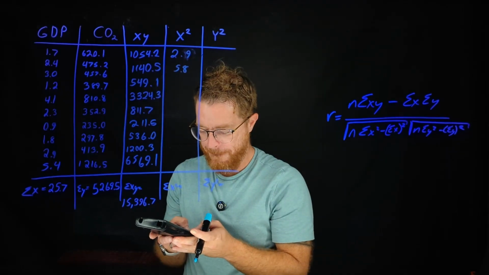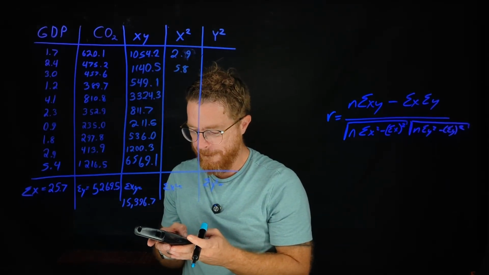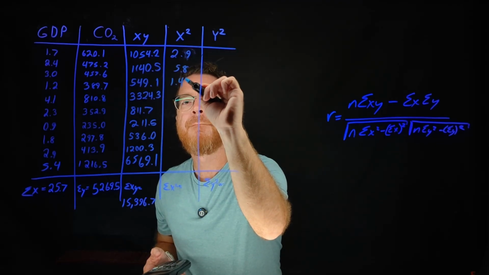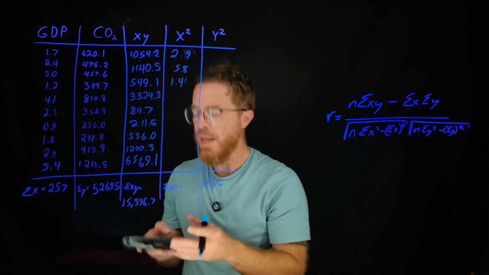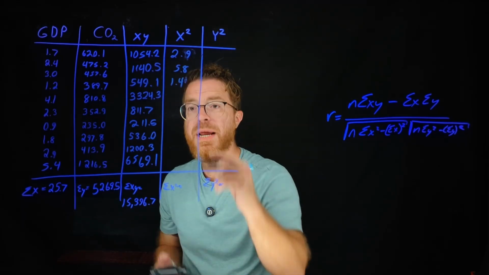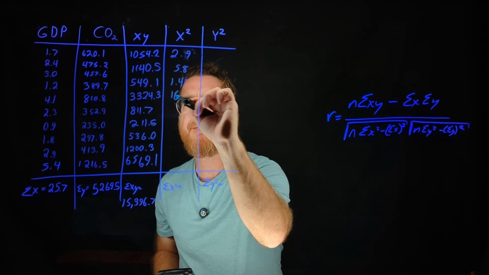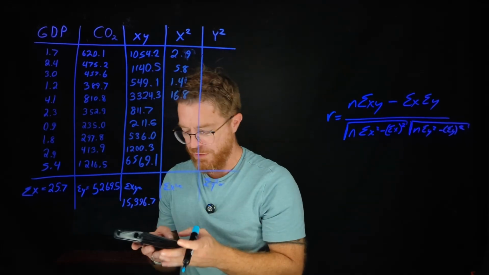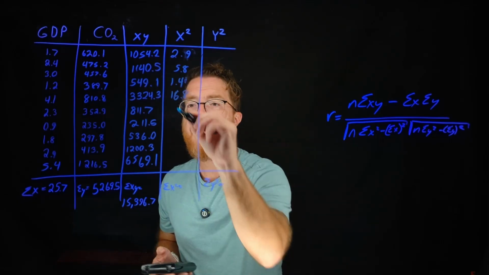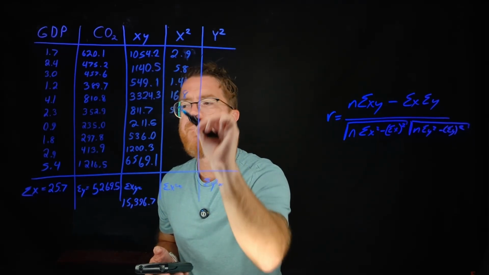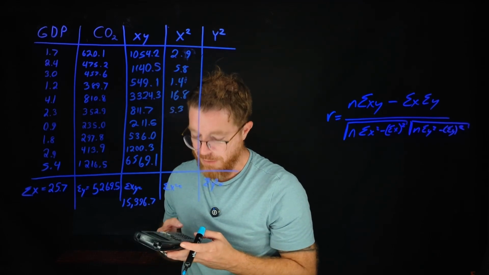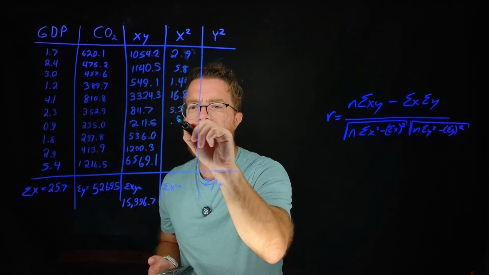1.2 squared is going to be 1.4, not 1.44. 4.1 squared is going to be 16.8. 2.3 squared is going to be 5.3. 0.9 squared is going to be 0.81, so 0.8.